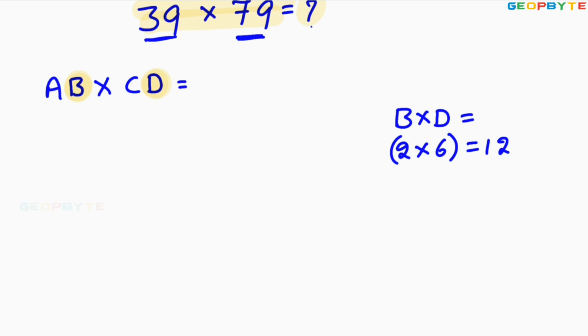That 12 I am assuming as EF. Here F is 2 and E is 1.